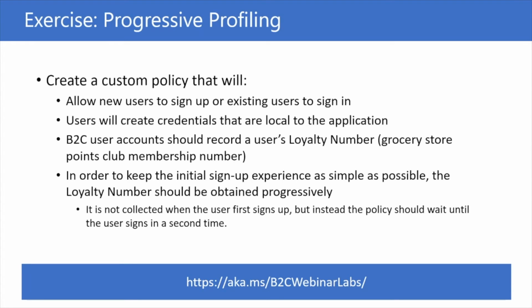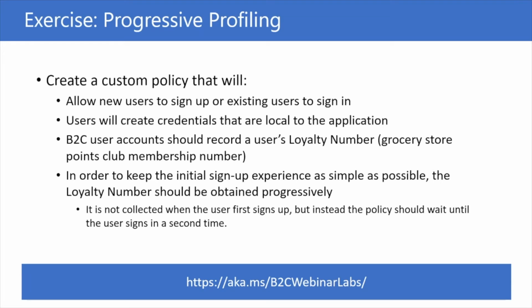Pretend that your manager has come to you and asked you to create a user sign-in flow that allows new users to sign up or existing users to sign in. Users are going to be creating credentials local to the application only. We're not worried about external identity providers quite yet, but they may at some point down the road.